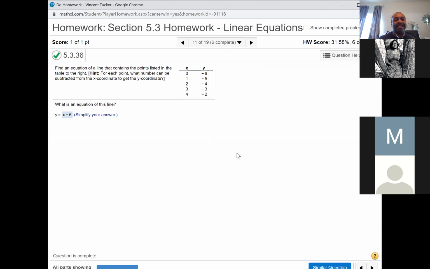Basically, they want you to see the pattern and try to figure out the pattern. That's all. They're not going to have any type of complicated patterns. I think one of the other ones was like x plus 1. So that's what that is.